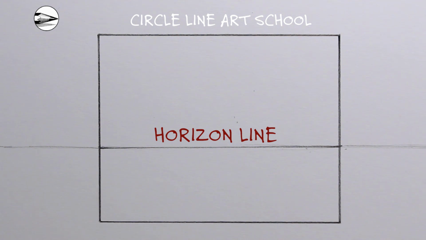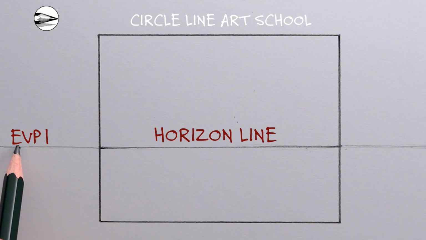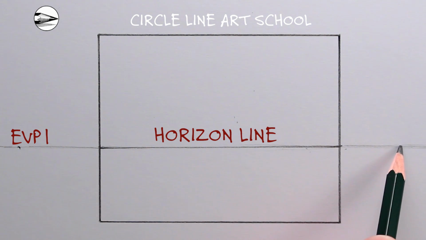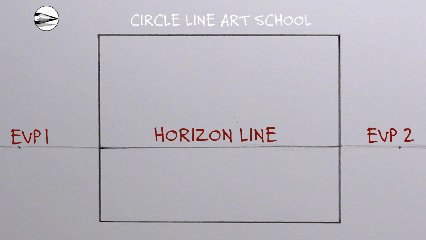And now we can draw the vanishing points anywhere along the horizon line, inside our drawing or outside our drawing. I will choose to draw a vanishing point here and maybe one here. So let's draw a house using two-point perspective and extended vanishing points.